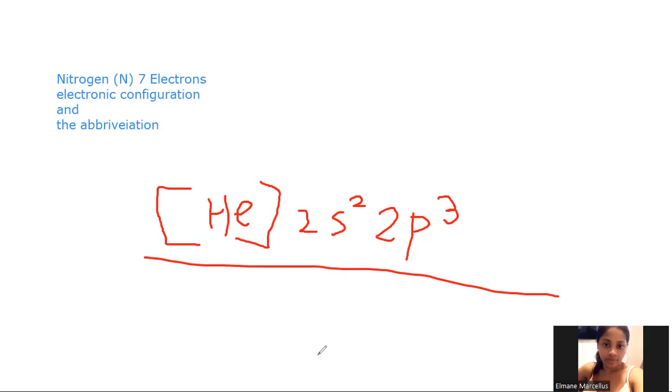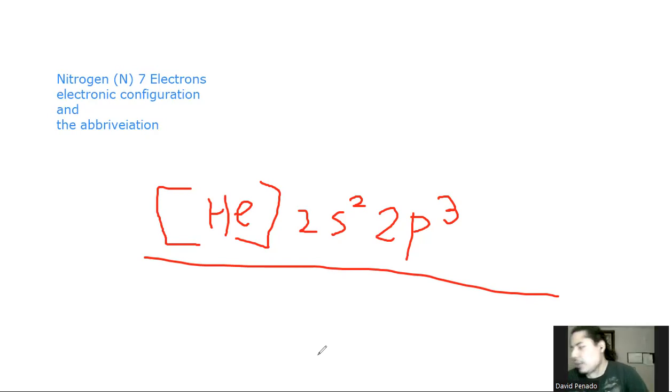Okay. So when you do the preceding full element in the bracket, you don't have to include the 1s. You start from after that. The only time they use this is when you're going down with the bigger numbers, the bigger elements. Like for example, the one we were just doing.